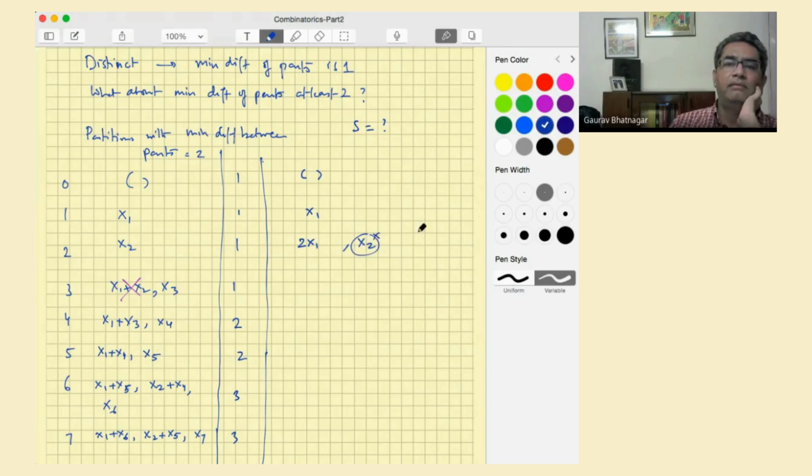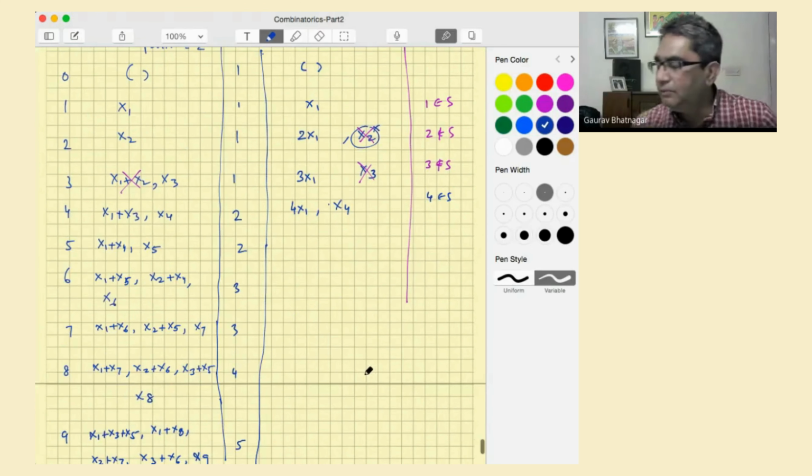And again, I have 3x1, so x3 is not there. So I note down that 1 belongs to S, 2 does not belong to S, 3 does not belong to S. Then I have 4x1 from this, and I need 2, so x4. So 4 belongs to S.